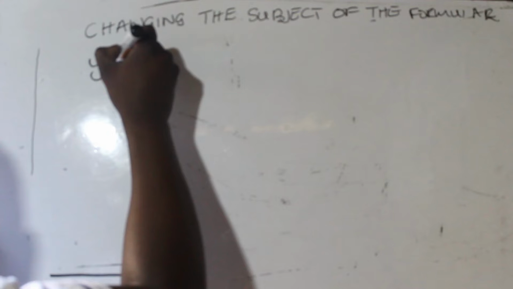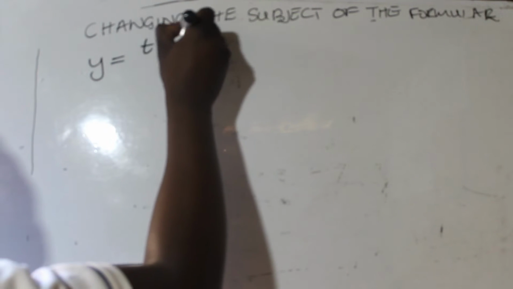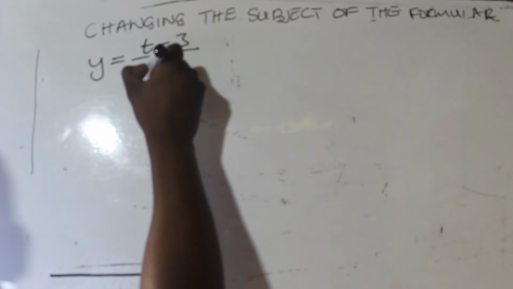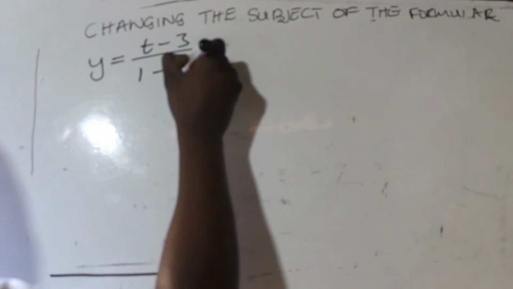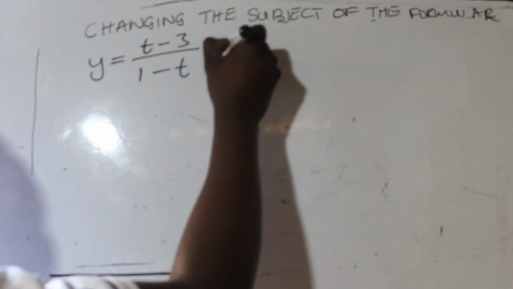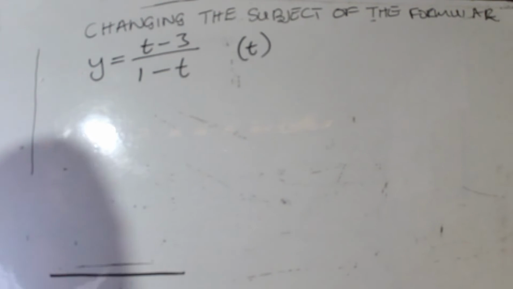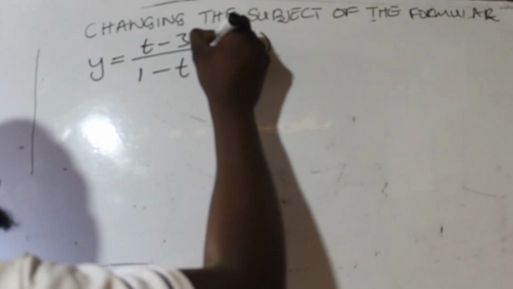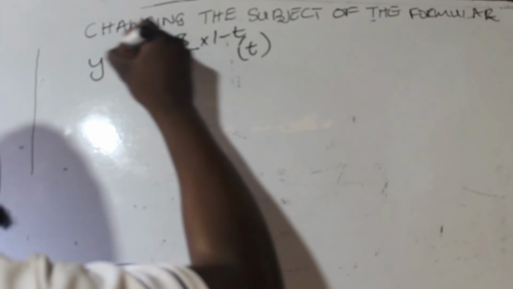Then y is equal to t minus 3 over 1 minus t, and we want to make t the subject of the formula. The first thing is to clear the fraction, so we multiply everything by the denominator, which is 1 minus t.